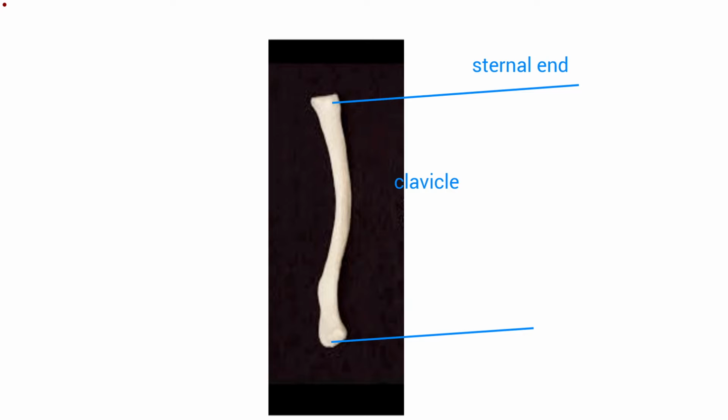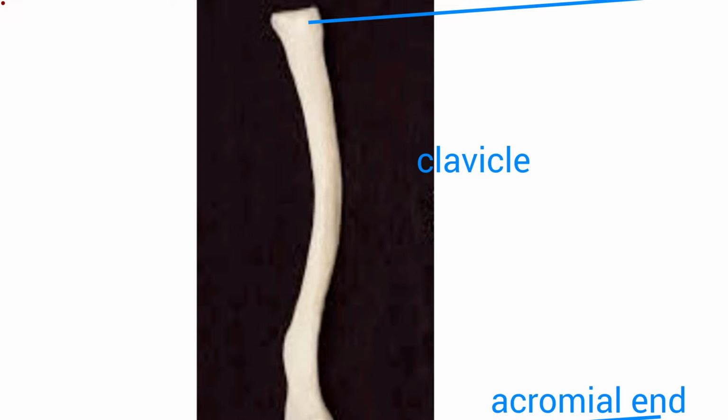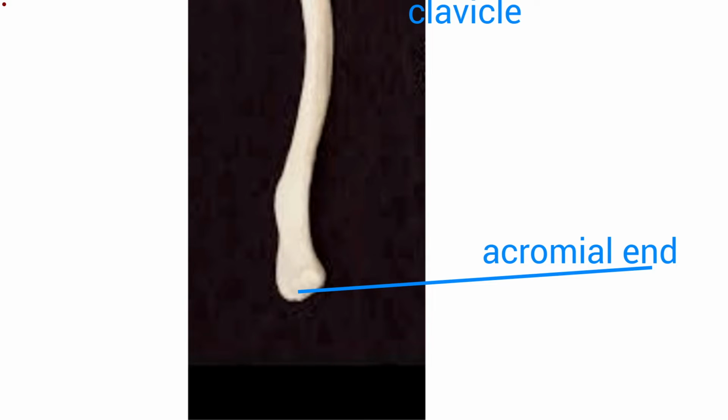I'm telling you what it's going to touch or articulate with. Let's zoom in on the picture. So if you look at the sternal end, it actually is more kind of block shaped. And if you look at the acromial end, it's flatter. It's more flat.